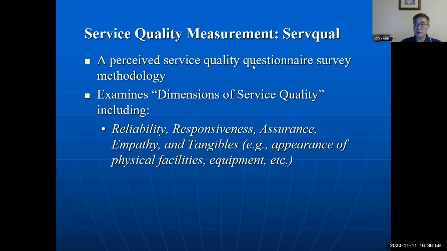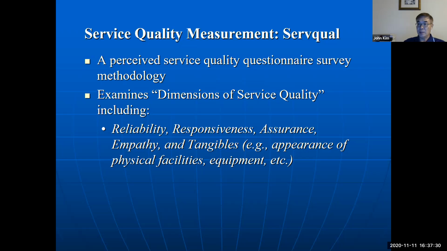Using a questionnaire survey about the reliability of the service, responsiveness of the service, and so on, then based on that output, we can evaluate service quality. So we call this SERVQUAL. So using a questionnaire, we measure service quality.